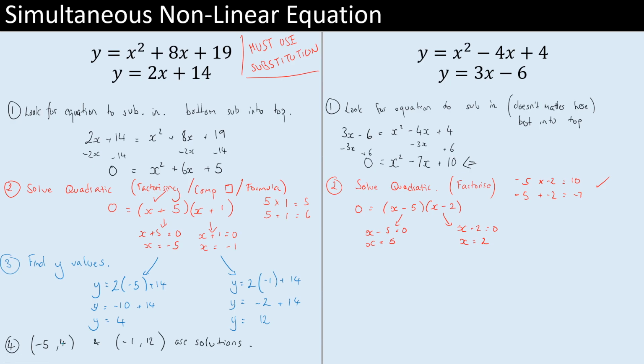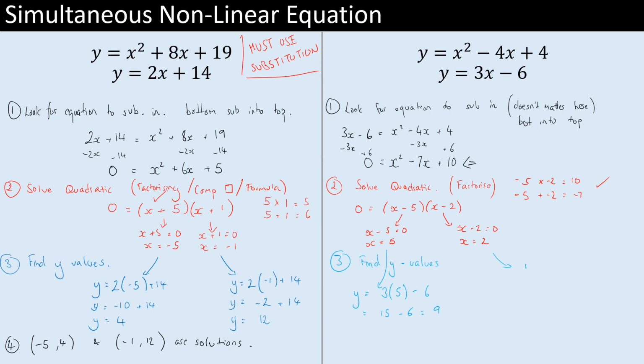Now we've got our final stage coming up: find our y values. And again, we'll probably want to do this in pairs. So I'm going to do that one over here and that one over there. If x is equal to 5, I'm going to have y is equal to 3 lots of 5, take away 6, by using the bottom equation in the pair that we started with. 3 times 5 is 15, take away 6, 9.